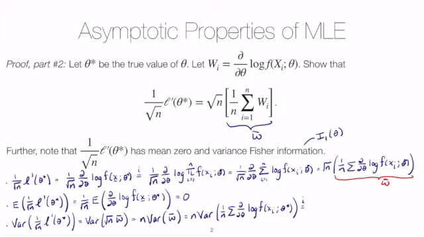So under independence, if we have n over n squared, we'll be left with 1 over n times the sum of the variance of the derivative with respect to theta of the log of the marginal.